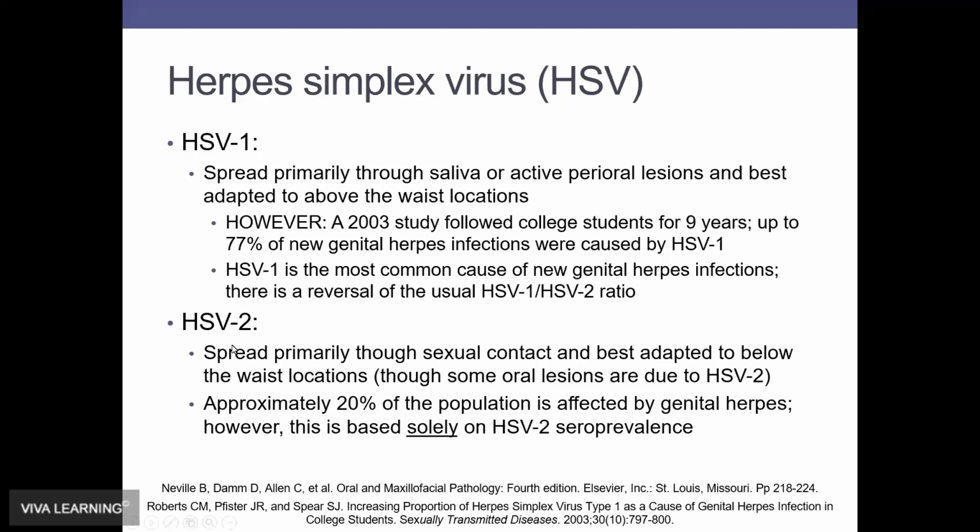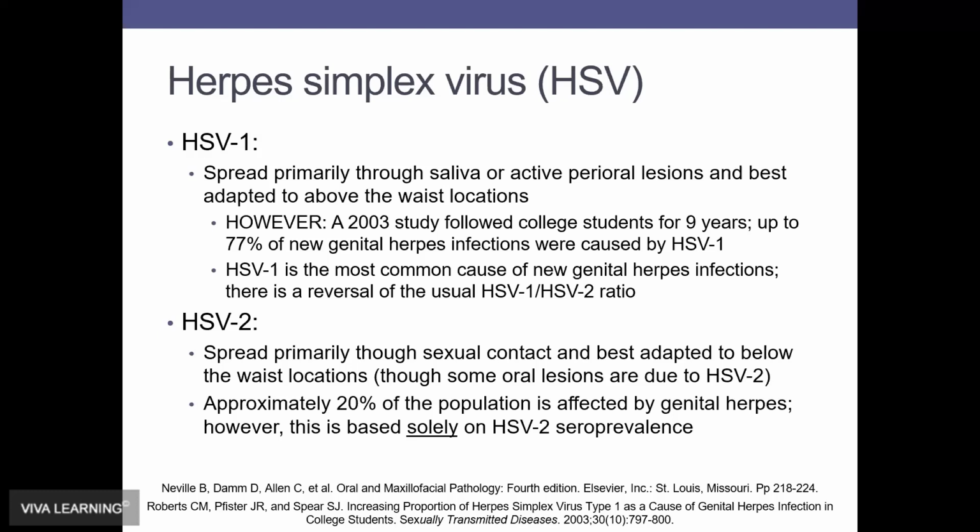Below the waist, anywhere from 16 to 20% of the population is affected by genital herpes, but that's only based on simplex 2 seroprevalence, meaning there are a lot more people suffering with genital herpes. The whole point of this slide is to say that it doesn't really matter if it's type 1 or type 2.